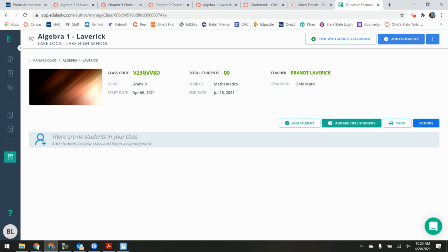Log in and, if there's a place to put in a class code, join a class. I don't know what it looks like from the student end. Yeah, join a class up in the top right. And then the class code is right there, V23GVV8D.